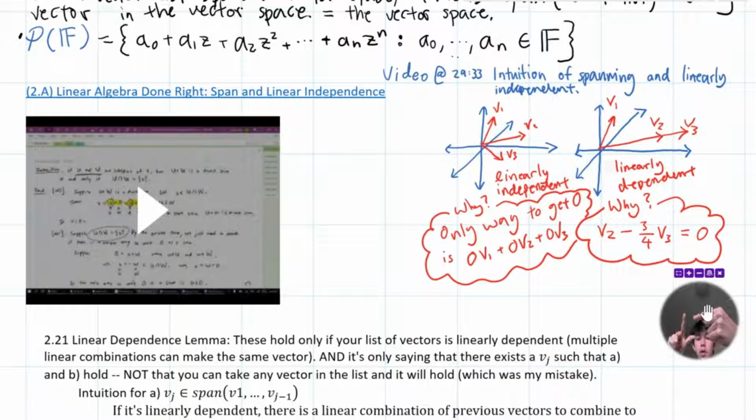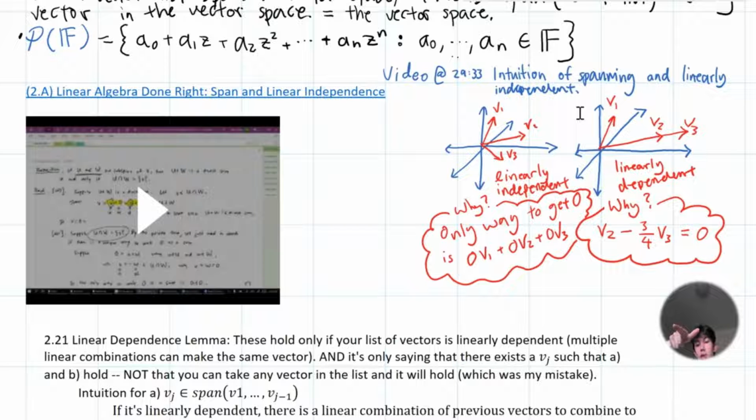Okay? So if you had this second example here, if you had 2 vectors going in the same direction, I'm going to delete the z vectors so that we just have x and y. If you have 2 vectors going in the same direction, so you've got x, y, and I'm going to call it z, but your z vector is now going in the same direction as y.